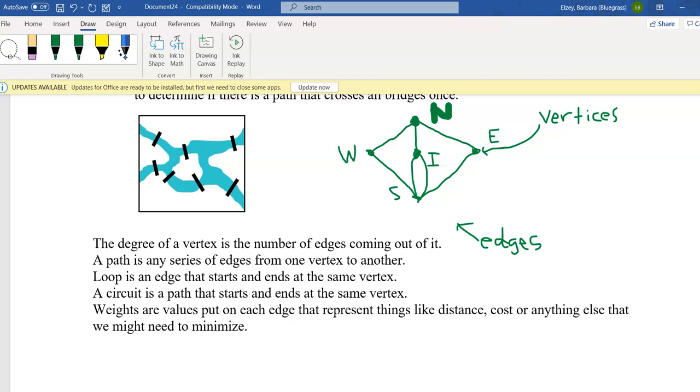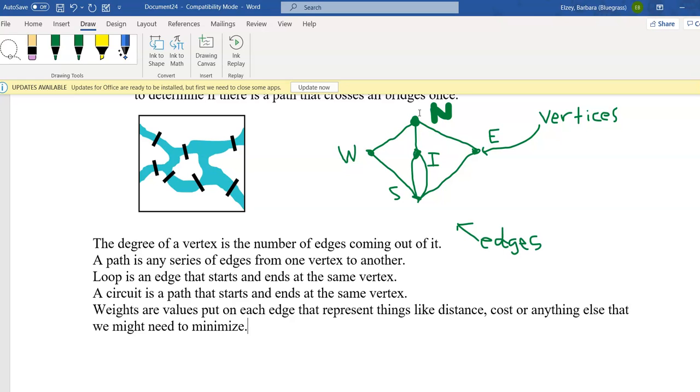So we might need to minimize the distance that a trucker is going across from one point to another. And of course, we want to find that shortest distance. And that's what we're aiming at, is finding shorter distances.